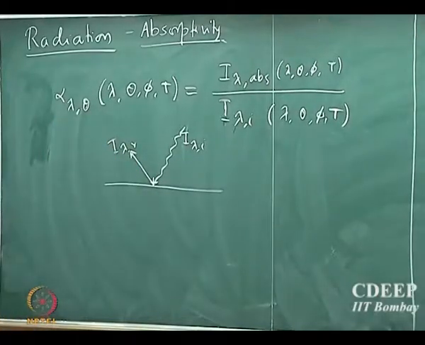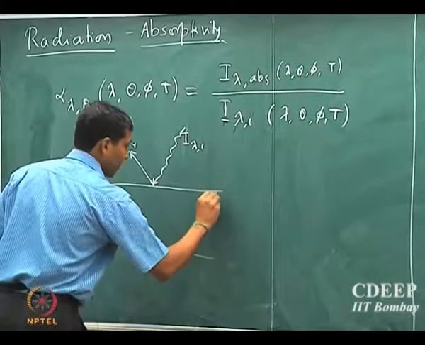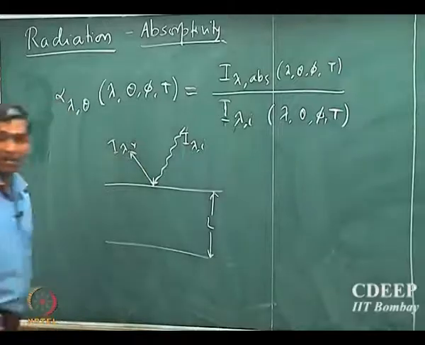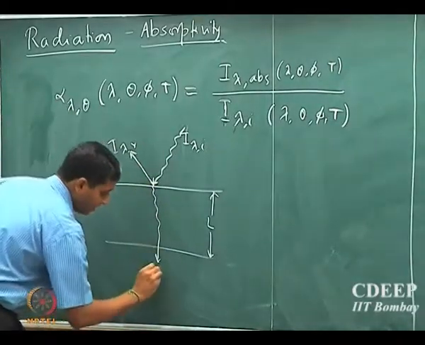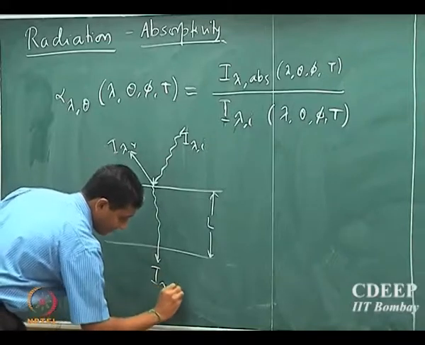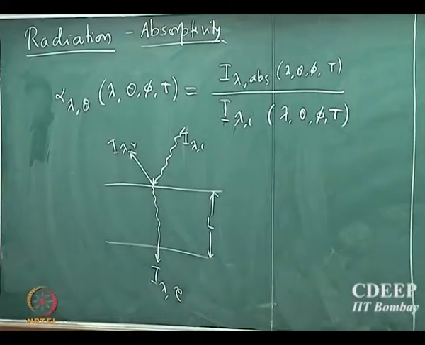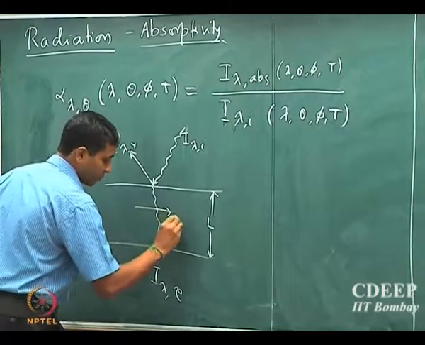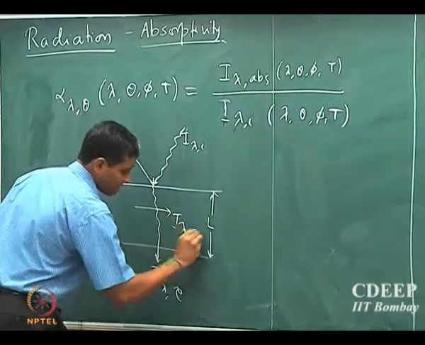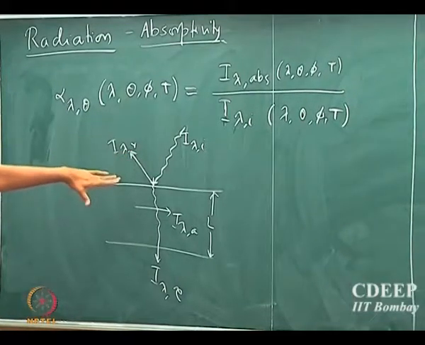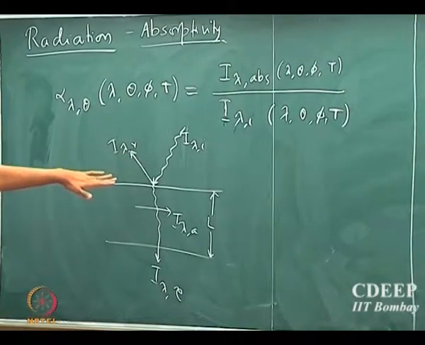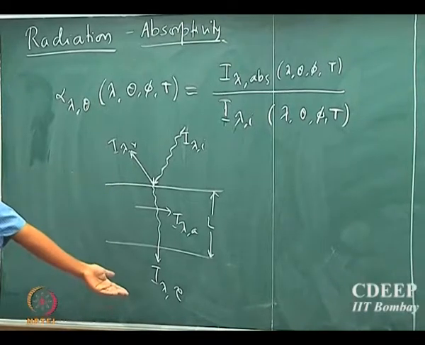If it is a finite surface of, let us say, thickness L, then some of it could be transmitted, with tau for transmission, and some of it could in principle be absorbed. So whatever incident radiation comes into a surface can be absorbed, reflected or transmitted.